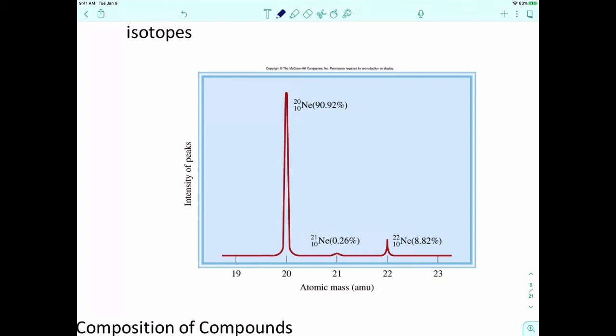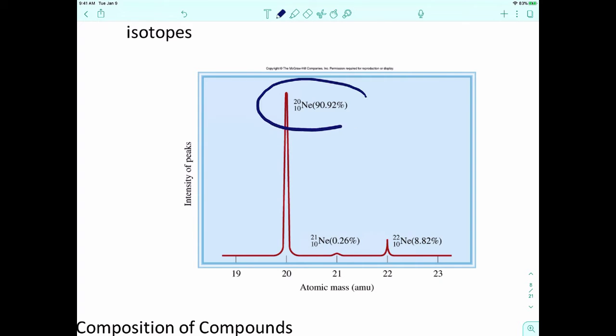We get a graph. This one's not terribly exciting, but it tells us a whole lot of information. The very first experiment, done around 1920, was the separation of neon. A sample of neon was injected into the system, and the result was that there were 3 different peaks.